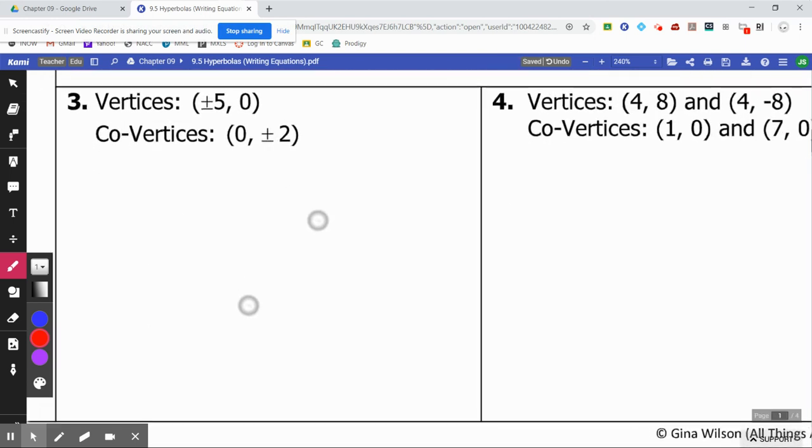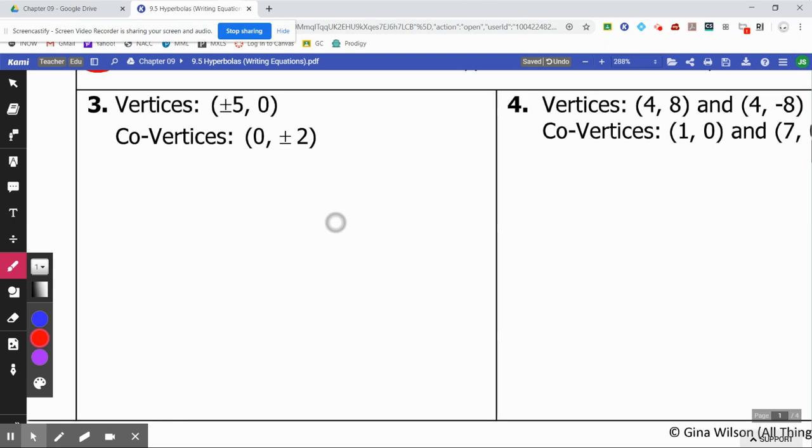Okay, number 3. We're given vertices and co-vertices. So this process is going to be very similar to what we did with an ellipse. The only difference, well, there's not much of a difference at all. So first off, let's find our center.